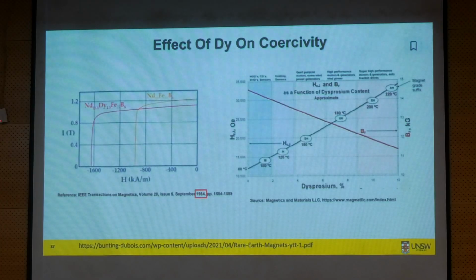This graph shows what happens with the percentage increase of dysprosium. It also affects the temperature. If we don't have any dysprosium, you get a relatively high Br value for the neodymium, but also a very high demagnetization risk for that type of magnet.